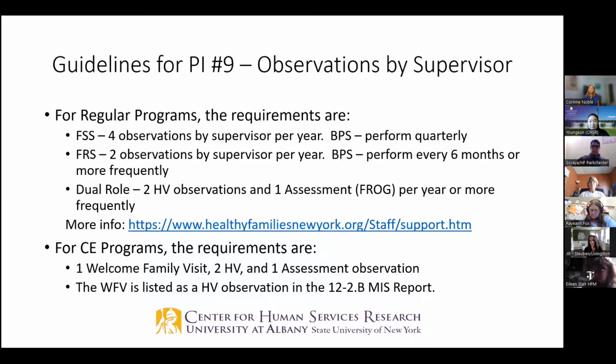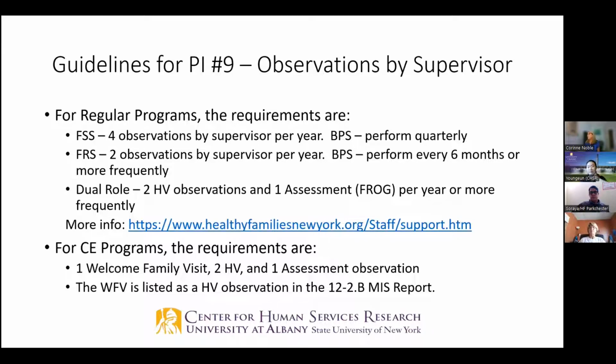We are going to be discussing today PI number 9, observations by supervisor, and basically what needs to happen before the start of the next reporting period. As you know, we will be running the PIs in October, so we will be measuring the observations until September 30th.